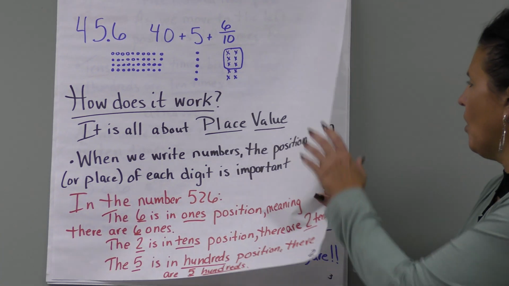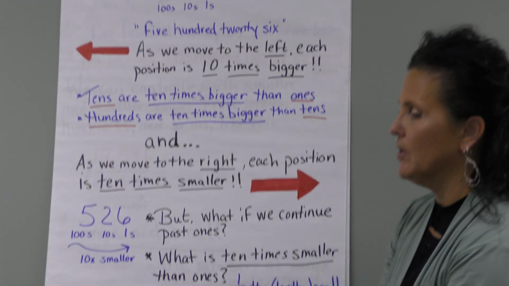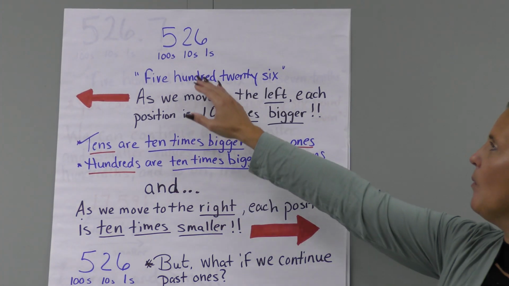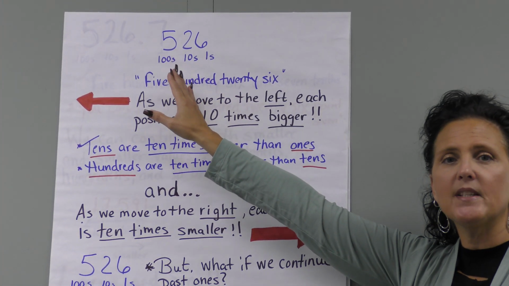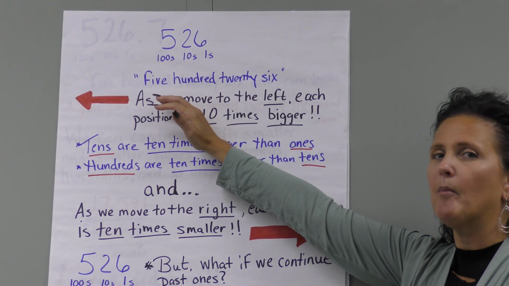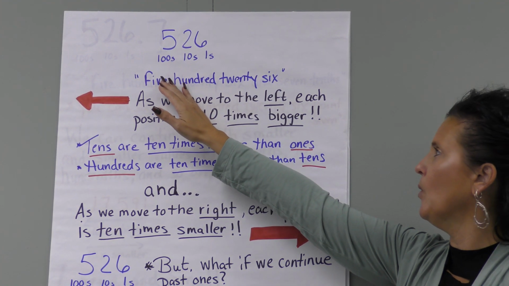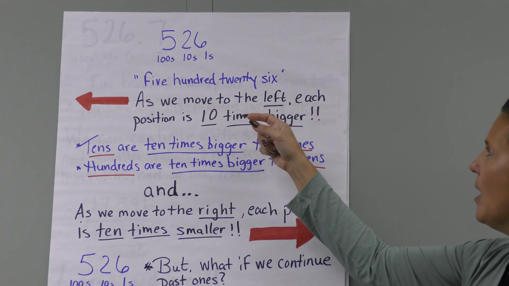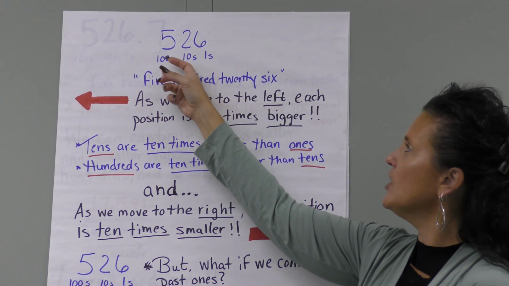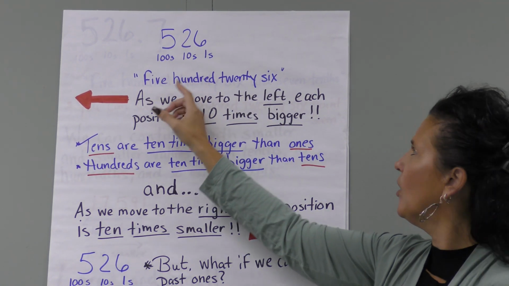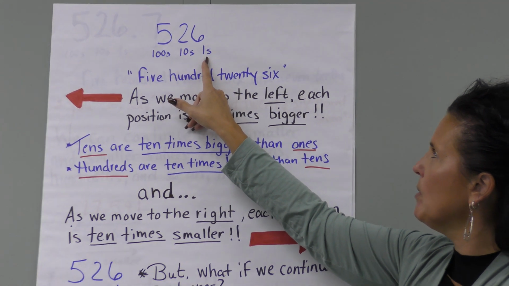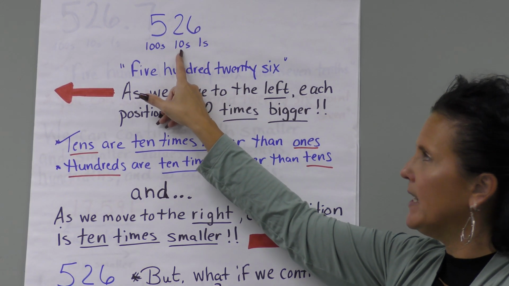So if we continue on and look at our numbers, I put them here for you. We just read this 526. That's how you read that number. This one does not have a decimal point. So as we move to the left, each position gets 10 times bigger. If we have ones here and we multiply by 10, we get tens.